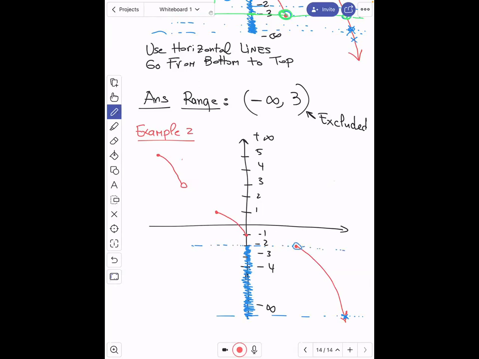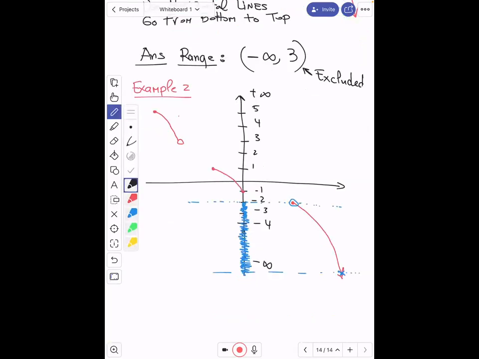You need to stop at -2 because between -2 and -1 there is no intersection. So my first interval in the range would be from -infinity to -2. Let me write it here: the range would be -infinity, comma, -2.